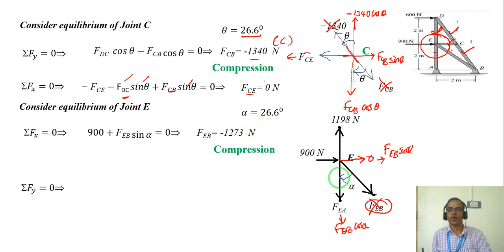Then summation Fy, I have 1198, I have FEA, I have FEB cos alpha. Downward is negative, upward is positive. Then I know FEB here is minus 1273. Substitute minus 1273, minus and minus plus. So FEA can be found out directly, which is equal to 2098 Newton. Since it is positive, I accept it as a tension. So I'll write it as a tension.